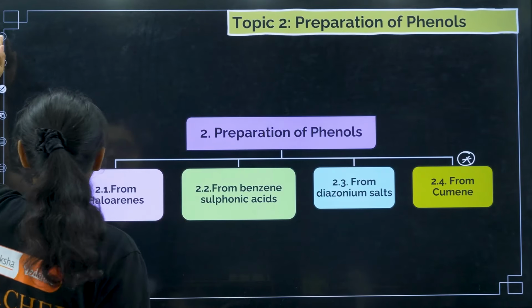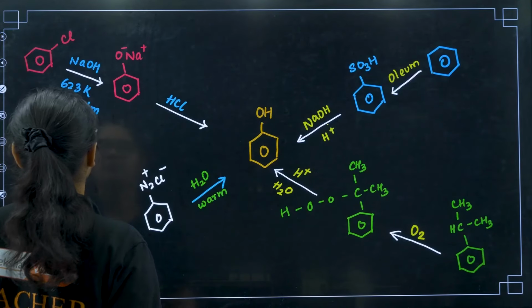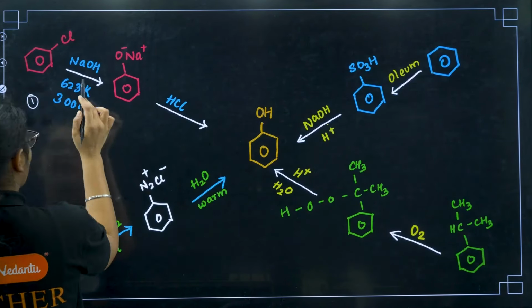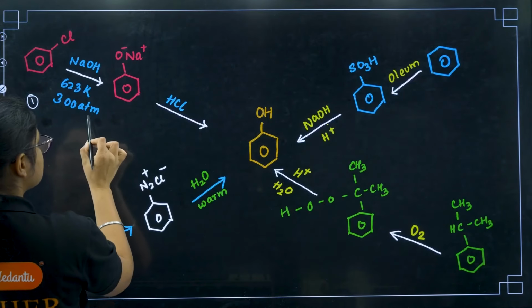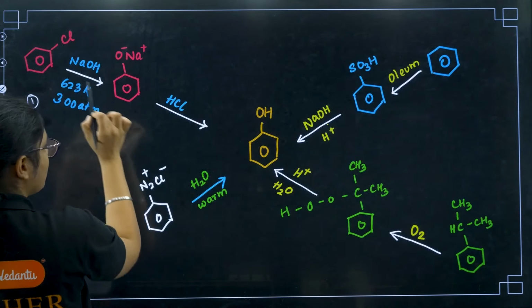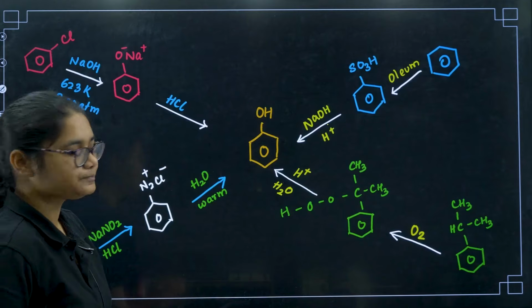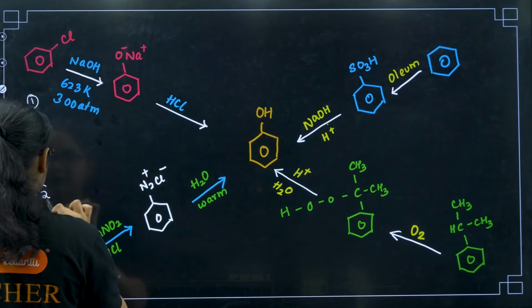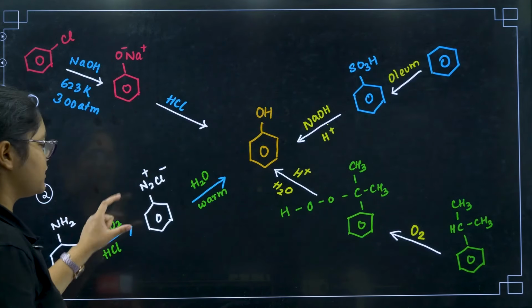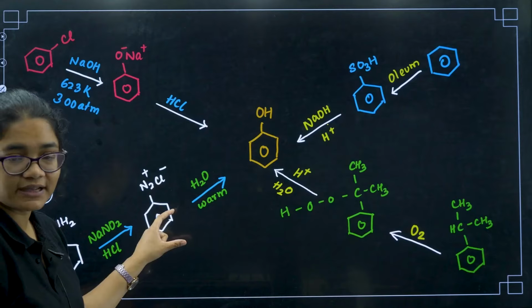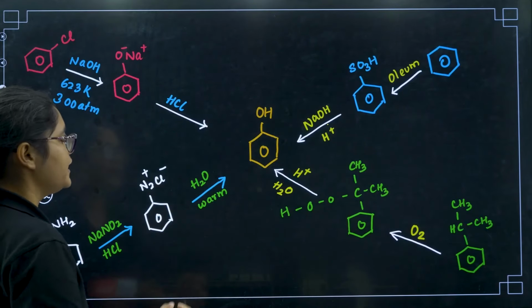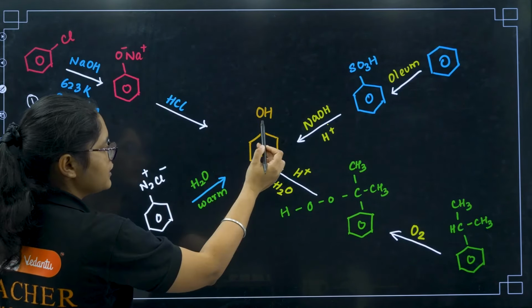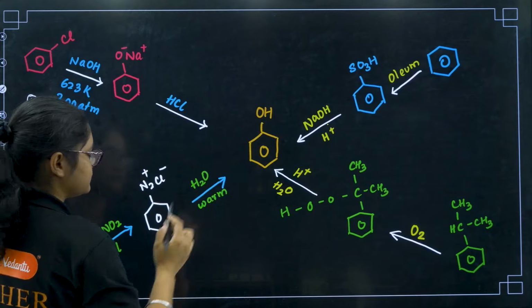Now let me quickly see the mechanisms. From haloarenes, the first one: NaOH at very high temperature and pressure, because there is no electron withdrawing group, we will get phenol. The second one is from benzene diazonium chloride. NH2 is there. First you convert it to N2 plus Cl minus, that is benzene diazonium chloride. Then you use warm water, and N2 plus will be replaced with OH.